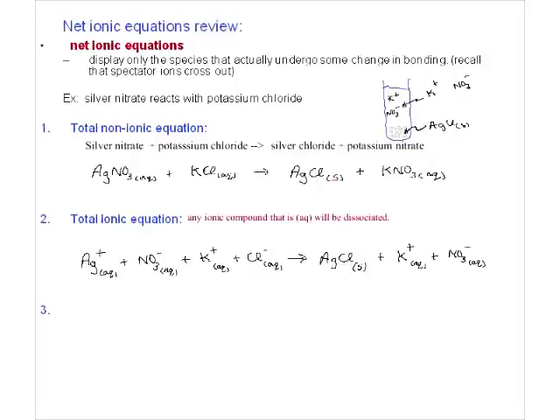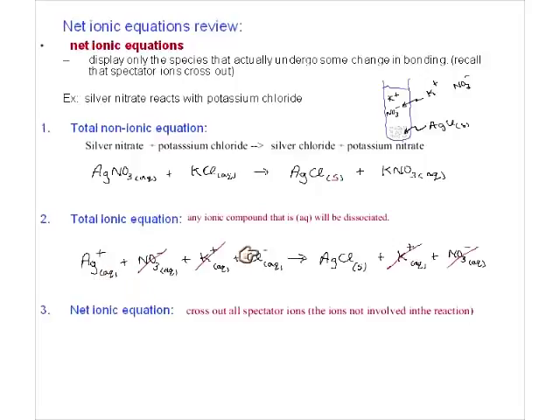What we're going to do next is cross out any spectators. Anything that really doesn't change in this chemical reaction is not involved in the overall reaction. So we're looking at this and we're saying, well, the nitrates don't change. The potassium doesn't change. The only thing that really changes is the silver ions react to form an ionic compound, silver chloride. So the silver ions have changed.